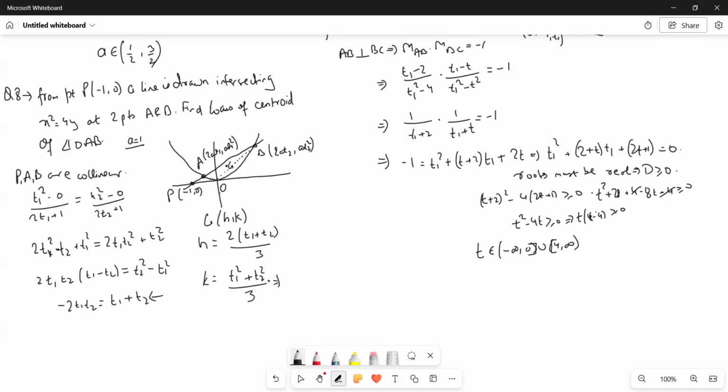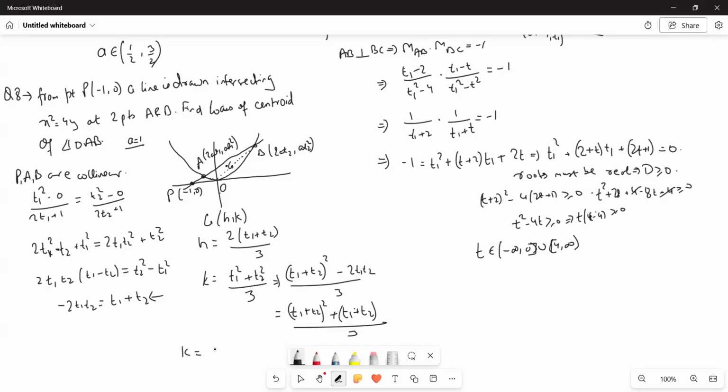So k के लिए लिख दिया a square plus b square would be like a T1 plus T2 whole square minus 2T1 T2 by 3, but minus 2T1 T2 is like a T1 plus T2. So ये हो गया T1 plus T2 whole square plus T1 T2 plus T1 plus T2 by 3. But T1 plus T2 का value क्या है? 3h by 2.